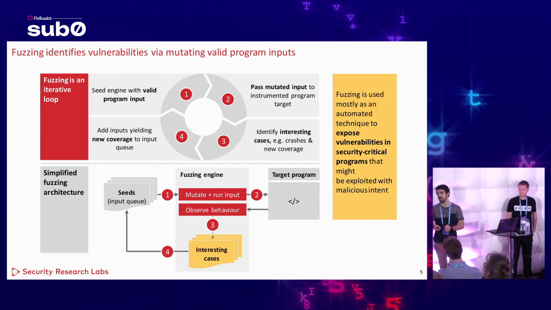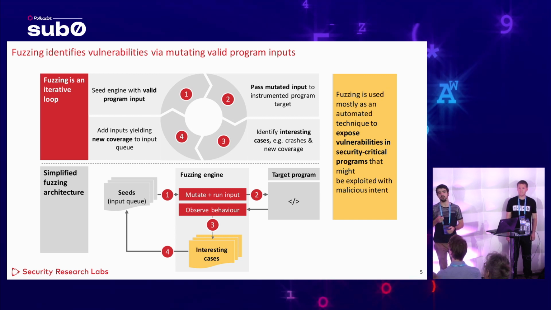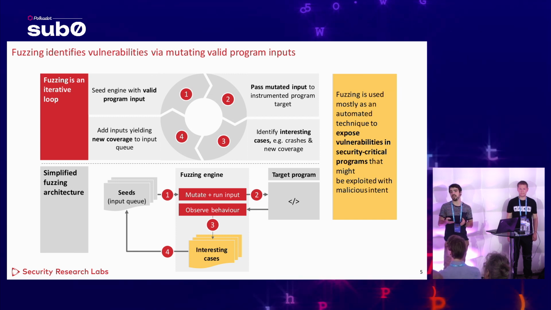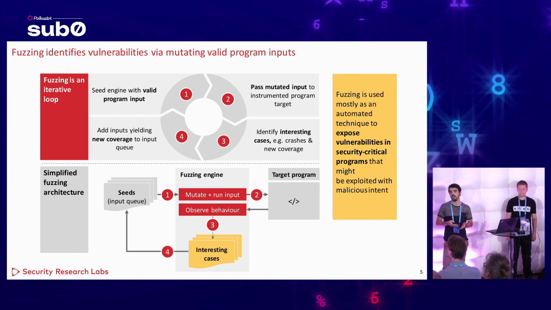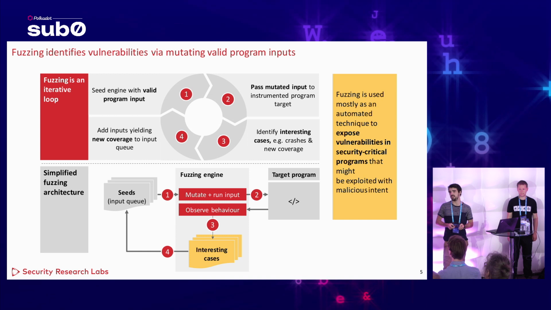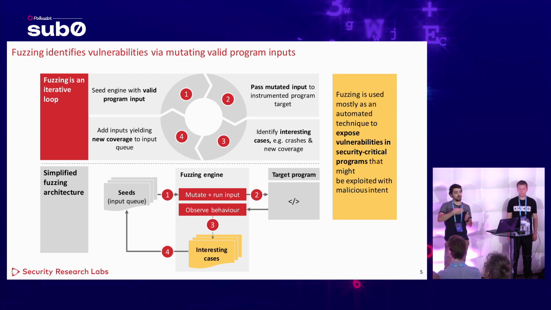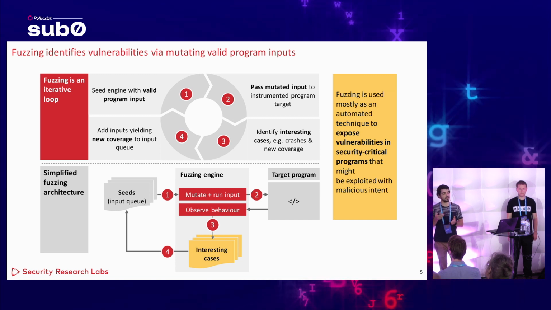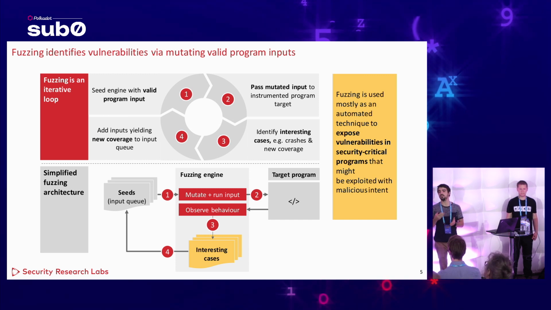In this case, it would be a substrate runtime. So the input to the runtimes is usually SCALE-encoded data. So what you will see is that the seeds basically are SCALE-encoded data, and the fuzzer has to find this itself. And with the behavior, you have a loop back, and you see what the interesting cases are.